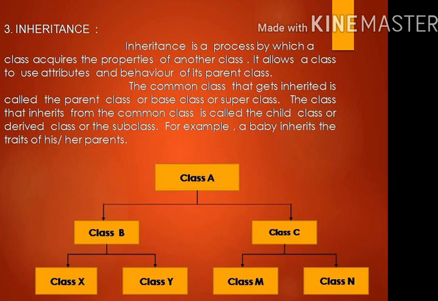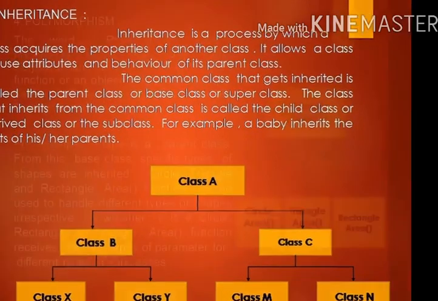The common class that gets inherited is called the parent class or base class or superclass. The class that inherits from the common class is called the child class or derived class or subclass. For example, a baby inherits the traits of his or her parents.